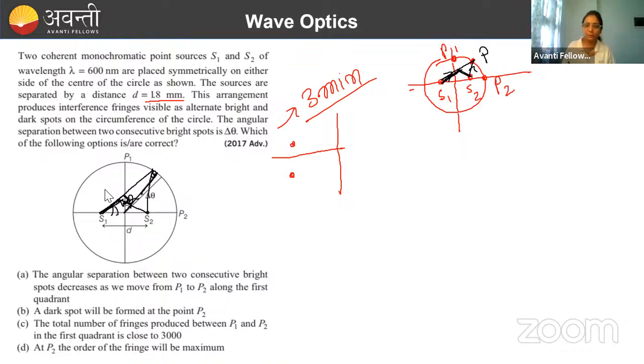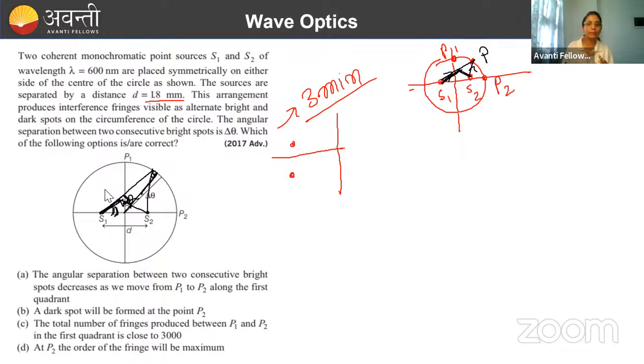I can assume this is also a radius vector, and this line is our horizontal line. So what will be the value of this angle? Anyone let me know. Are you getting me? You need to be very assertive while solving the question. Yes, I know the logic of how we calculate the path difference.